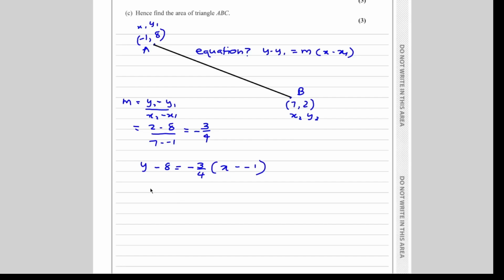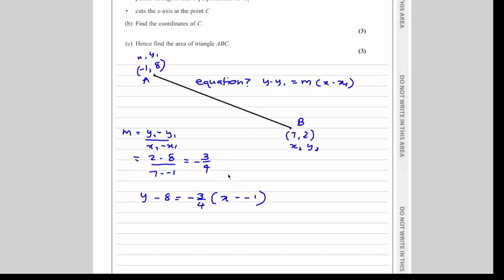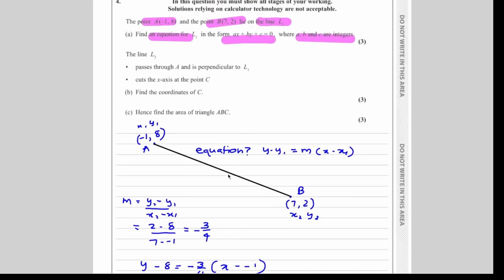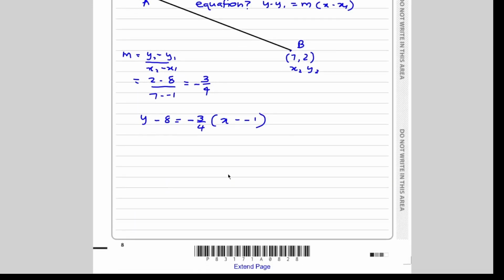Let's simplify, because there's a certain format that you are asked to leave your answer in, which is ax plus by plus c. So you have got to bring everything to one side and there are no fractions. So I'm getting rid of this denominator: 4y minus 32 equals minus 3x. Here minus 3, because minus minus becomes plus, 3 into minus 3 is minus 3.